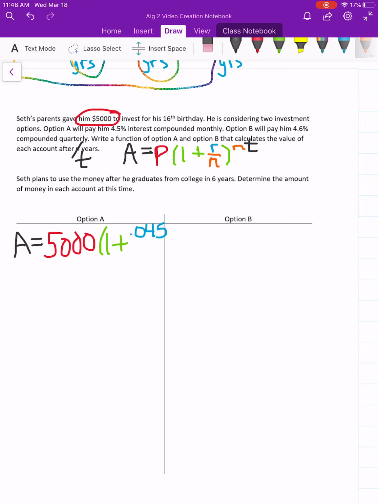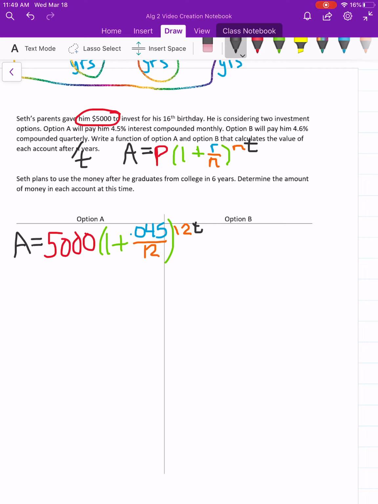And we're going to divide by the number of cycles in 1 year. So if it's being compounded monthly, how many months are in a year? 12. So let's put 12 as our denominator. And now we know that n is 12, so we're going to put the 12 up here. And we're going to use t for years. Okay, so that's our function for option A.